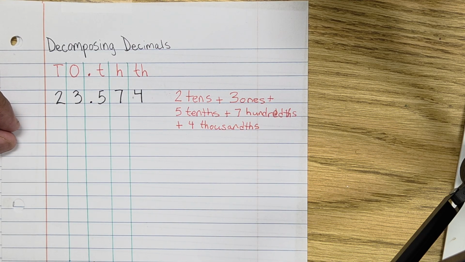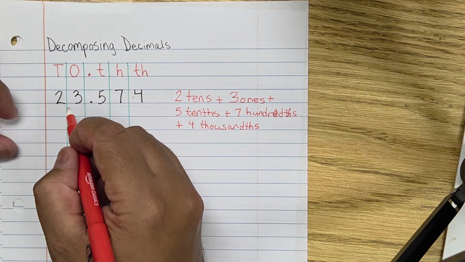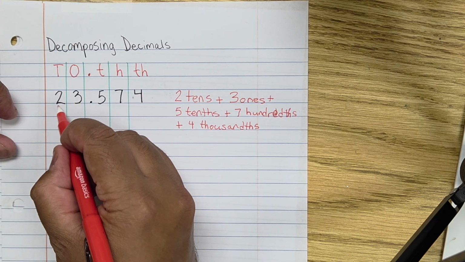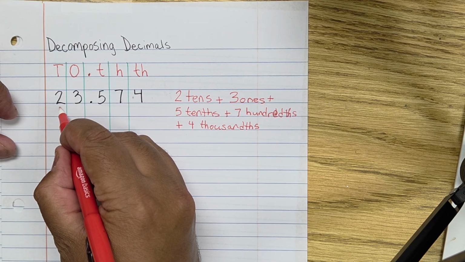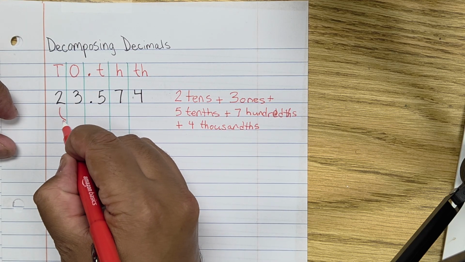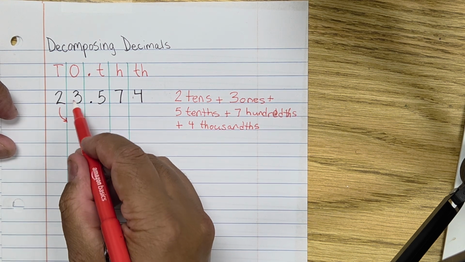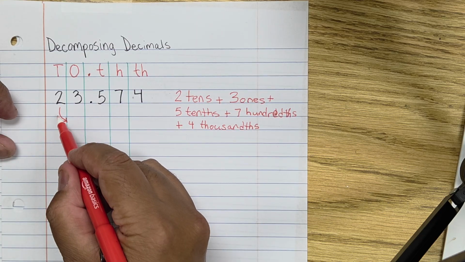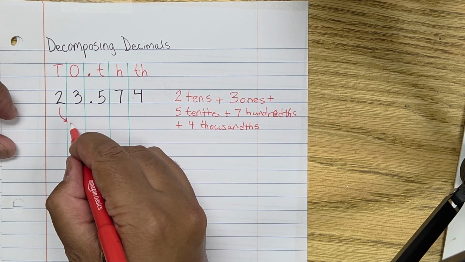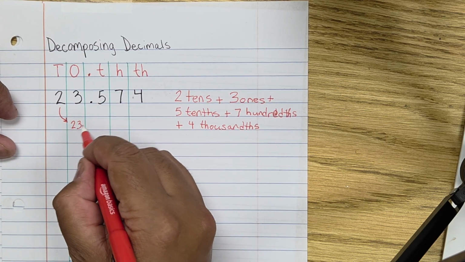But this can be written in other ways. That's what decomposing decimals is. We can write this in other ways. So this is what it looks like. We can take this 2 that's in the tens place, and we can actually bring it over into the ones place. And when we do that, instead of having 3 ones, now when we bring the 2 tens over, we have 23 ones.